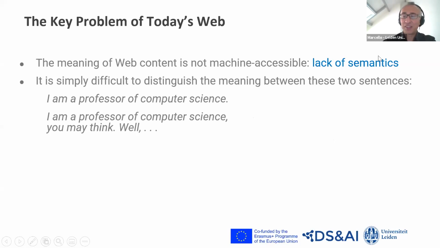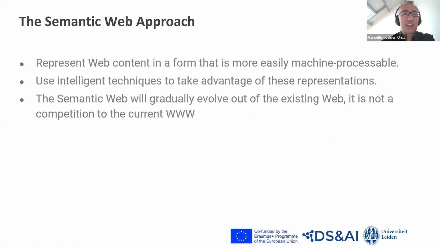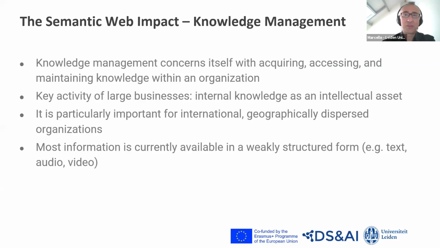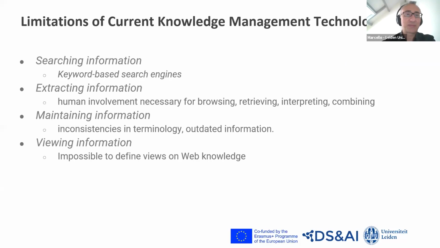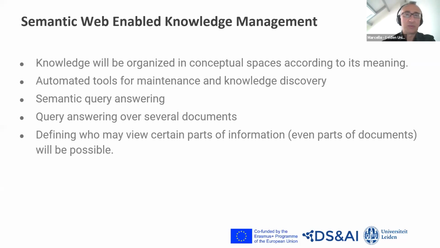There is no semantics, so one would like to have richer queries, and that's exactly what the semantic web is proposing. And how does this work? This information must be represented in the web. So, let me just walk through this.